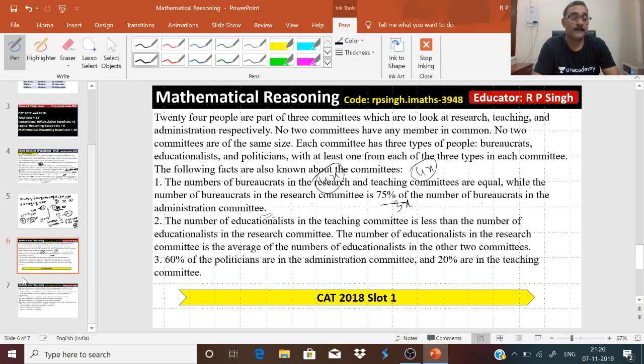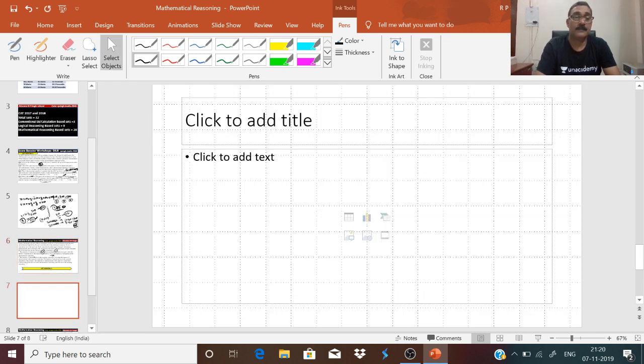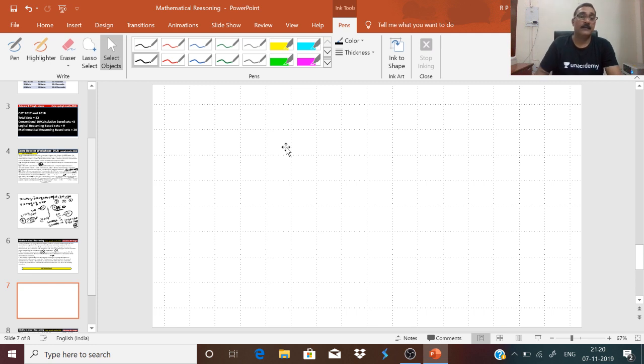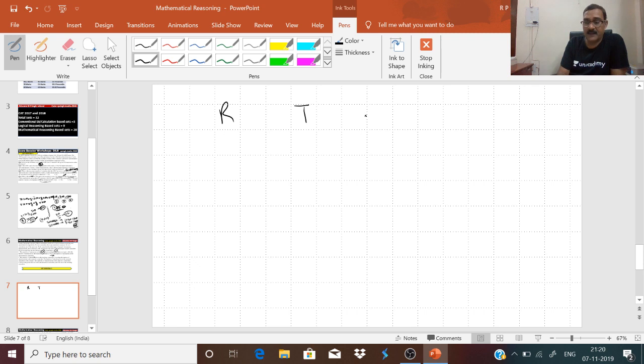So let us structure the data. There are three committees. One is research, let me denote it by R. Other is the teaching committee, other is the administrative committee, and three categories of people are there: bureaucrats, educationalists, and politicians.